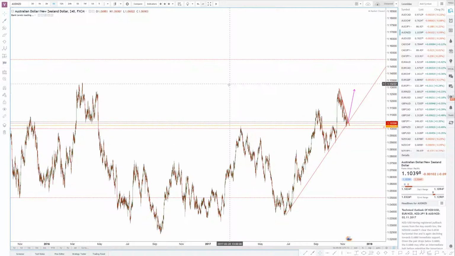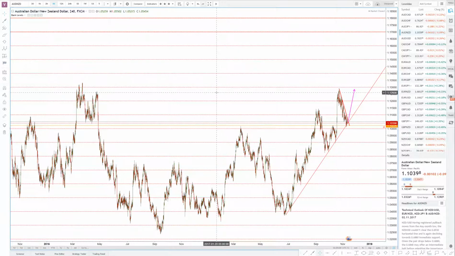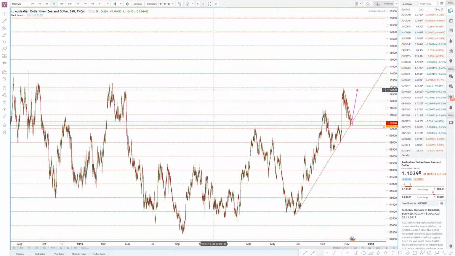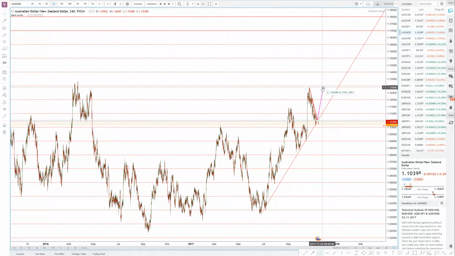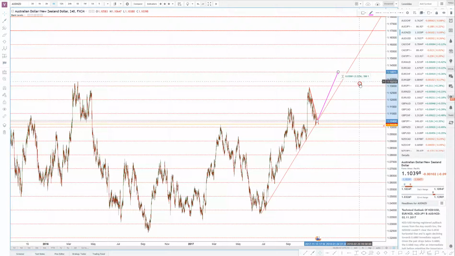All right. So, yeah, we're backing off of this resistance here, 113. If we go higher, we can probably find ourselves at 114. So that would give us 350 pips right there.